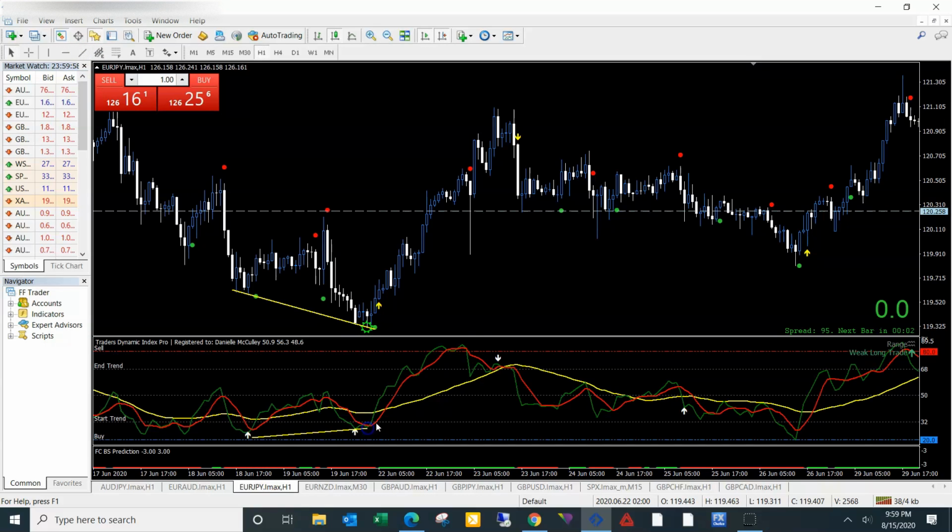And for those of you who don't know how to spot divergence on your chart, you're going from a high to a higher point on price, and then down here you can use the RSI, the MACD, the TDI, whatever you want to use to help you identify the divergence. That's up to you. I like the TDI.